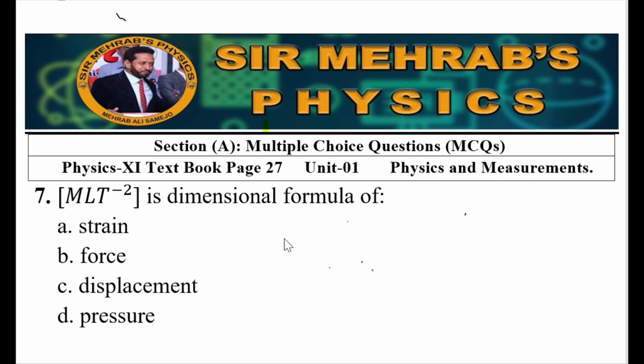When you talk about the force, then F is equal to ma. So the dimension of mass is capital M, and the dimension of acceleration is L over T square.